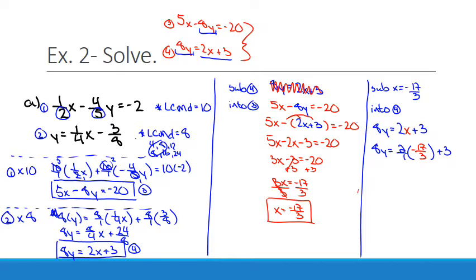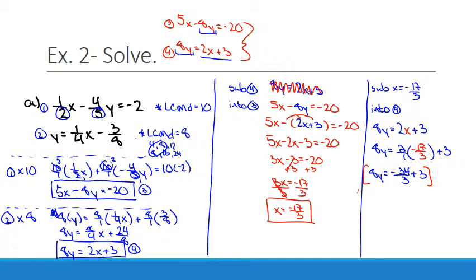Before I get rid of the fraction, let's complete that multiplication. 8y equals negative 34 over 3 plus 3. If I want to get rid of the fractions in this equation, all I have to do is multiply by the lowest common multiple of the denominators.